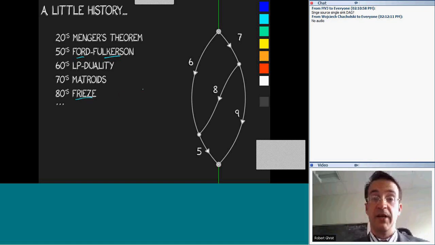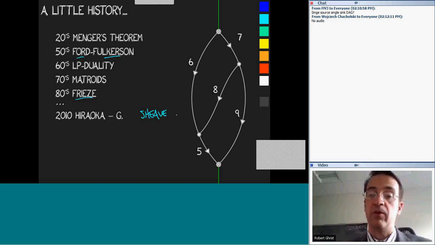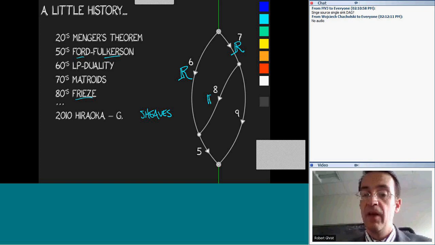If we move the clock ahead a little bit, skipping over a lot of algorithmic and computational complexity work associated with this result, what we get to is some work that I did with Yasu Hiraoka, trying to reinterpret the MAXFLOW-MINCUT theorem topologically. And what we did was use sheaves over the networks, where instead of a capacity of 6, we put a vector space of dimension 6 over the edge, and a vector space of dimension 7 over the edge.